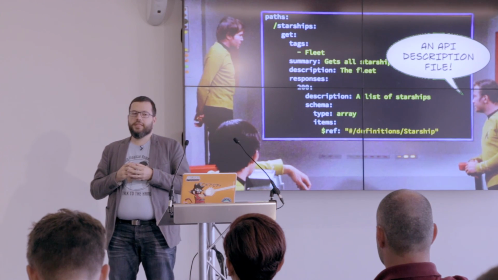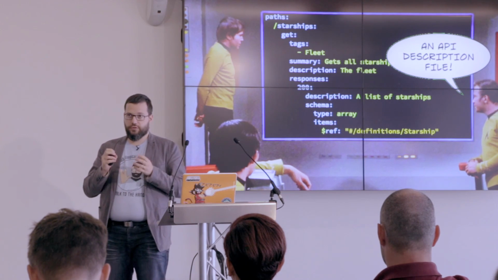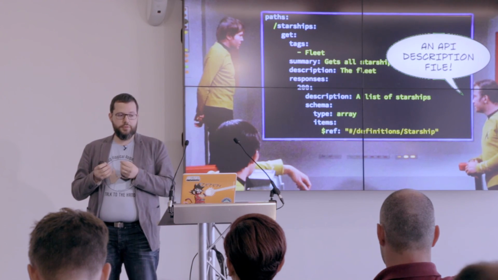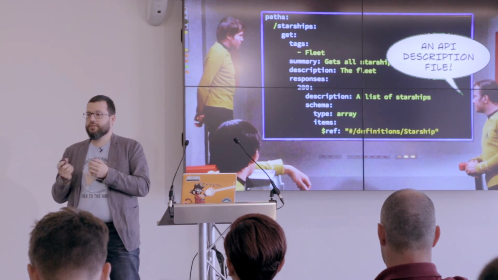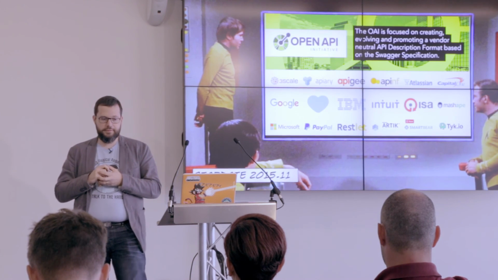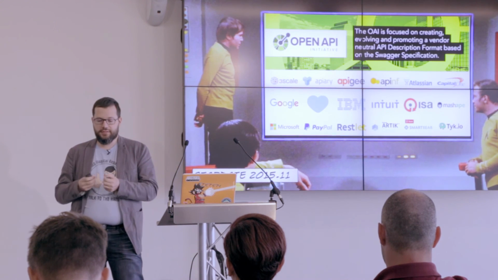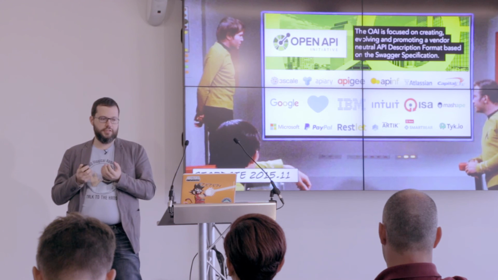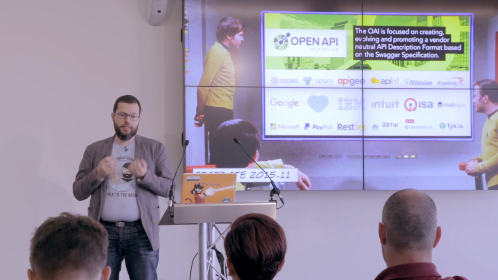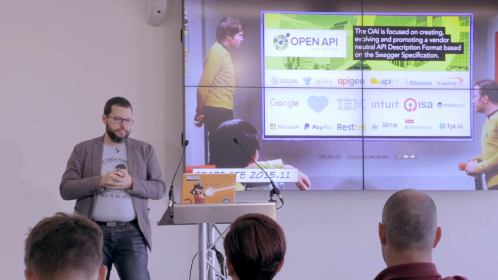This Swagger specification is a part of the Swagger ecosystem created by someone called Tony Tam. It includes code annotation libraries, code generation tools, documentation tools. And in November 2015, the Swagger specification was donated to the OpenAPI initiative, which is an open governance structure under the Linux Foundation with many well-known members.